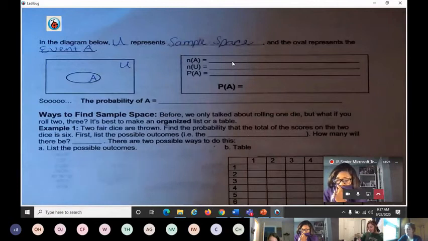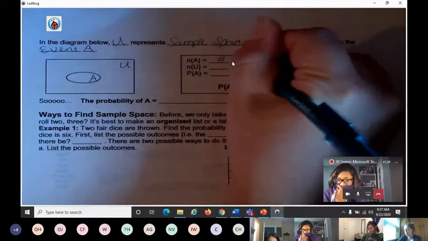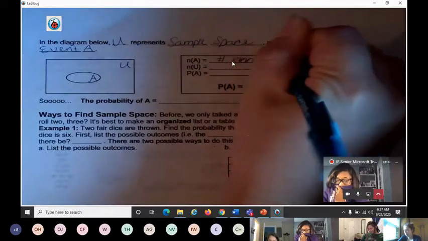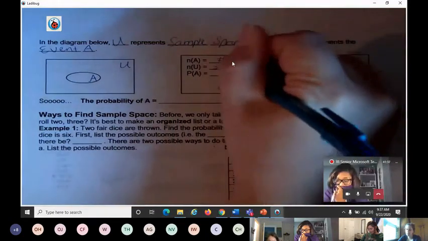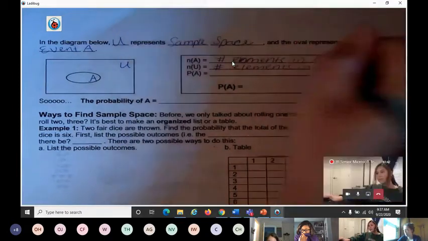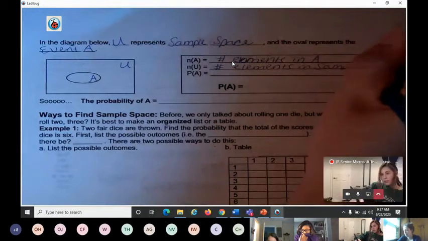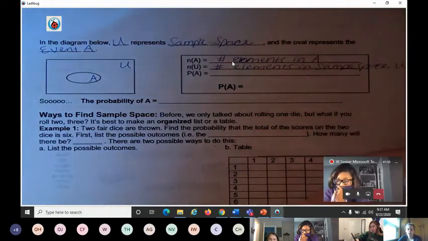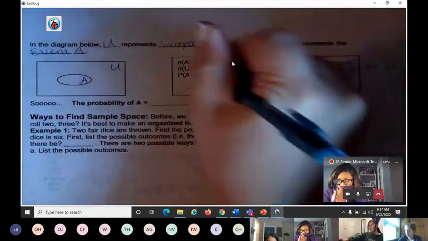So N of A is the number of elements in A. N of U is the number of elements in the sample space U. And then P of A is the probability of A happening.